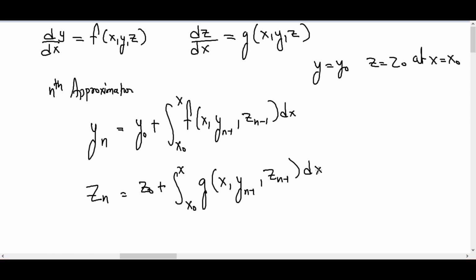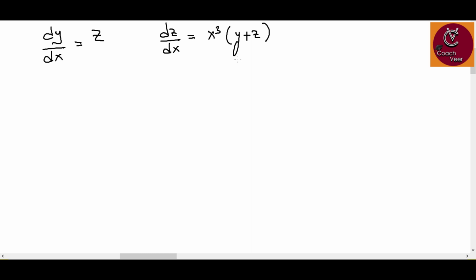So let's proceed with an example so that we understand it better. Let's say we have dy by dx given as z and dz by dx given as x cubed times (y plus z). These examples have importance. They might get repeated in your exam.